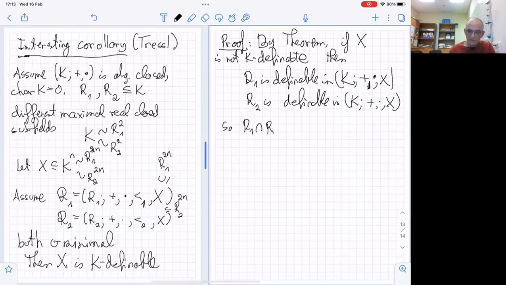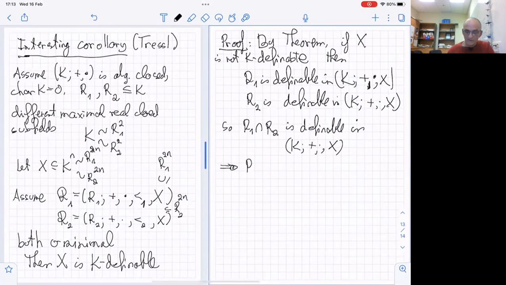So R1 intersection R2 is definable in K plus times X. Okay, but K itself is definable, say, in R1.